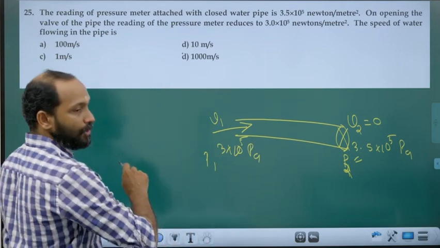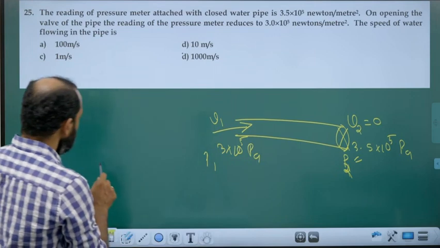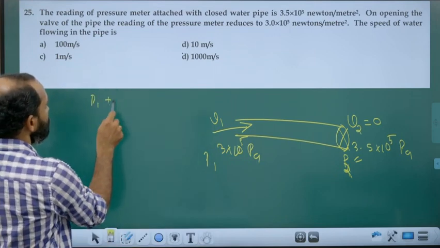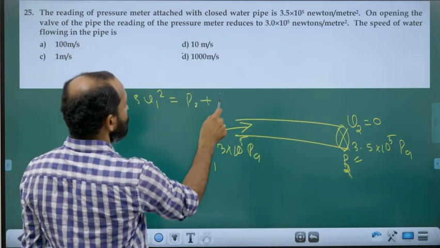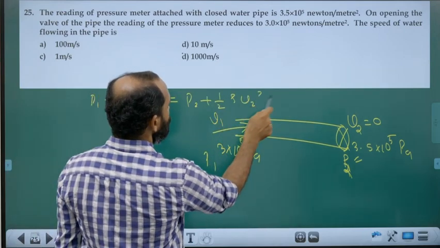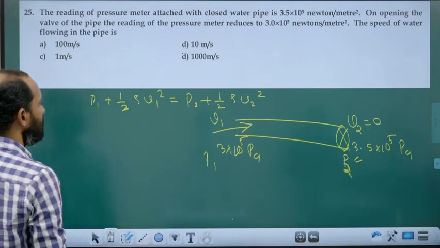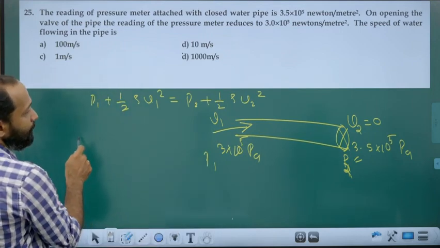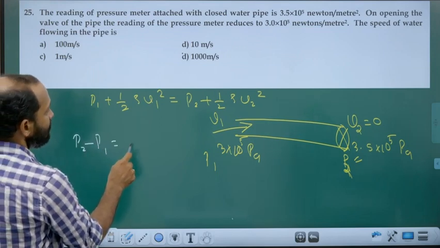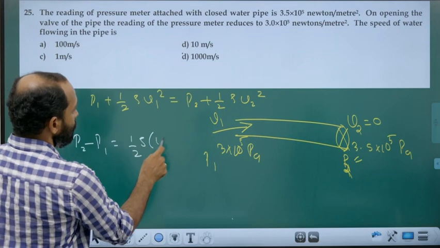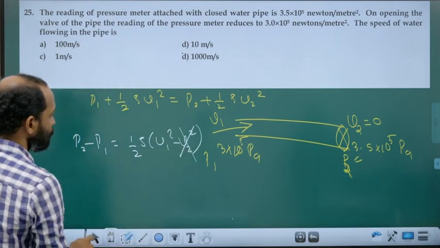Their velocity V1 is asked. So we can use Bernoulli's theorem for a horizontal pipe. P1 plus half rho V1 square equals P2 plus half rho V2 square for a horizontal pipe. That's why it does not have a gravitational head. Now here P2 is greater, so I am writing P2 minus P1 as half rho into V1 square minus V2 square, and V2 is 0 because the valve is closed.